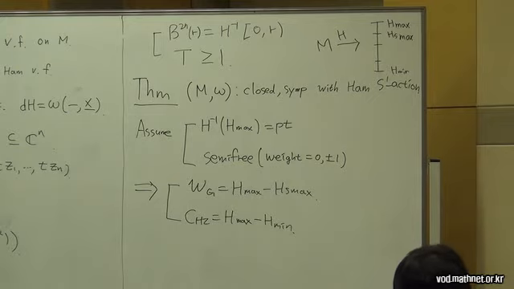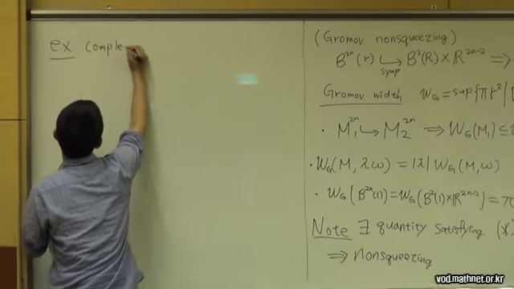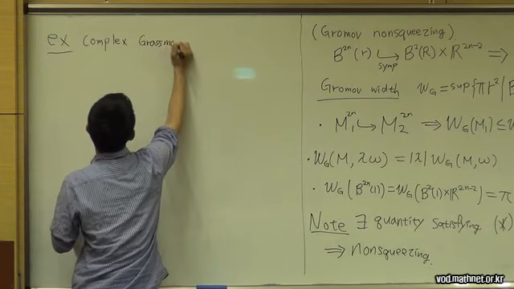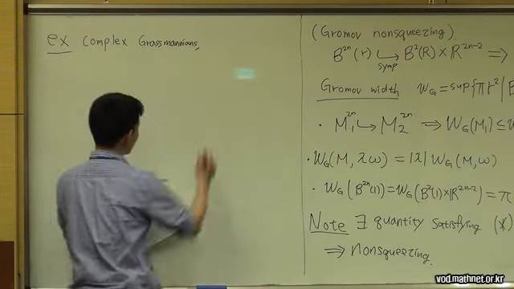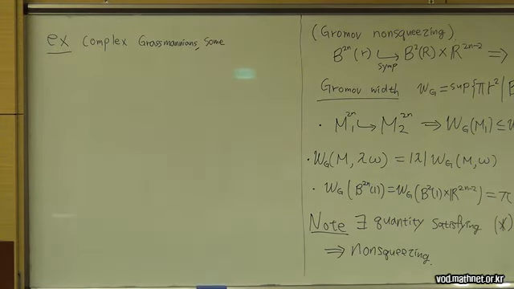So let me first give an example where this theorem applies. So examples are complex Grassmannians, and some, I'm sorry, I forgot one important condition.